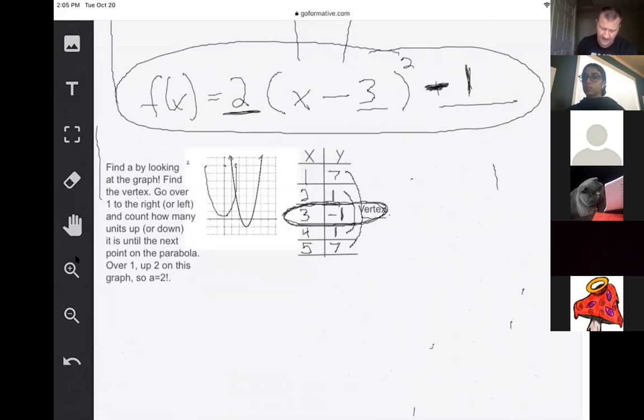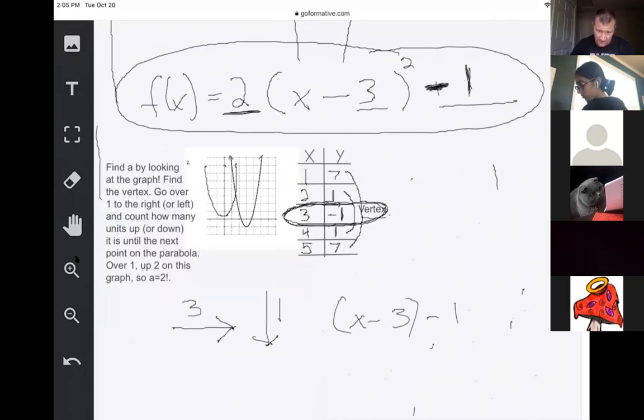And then how did it get from there to where it is? It went right 3. It went down 1. So right 3 is x minus 3 and down 1 is minus 1. That's where the big parts of it came from.